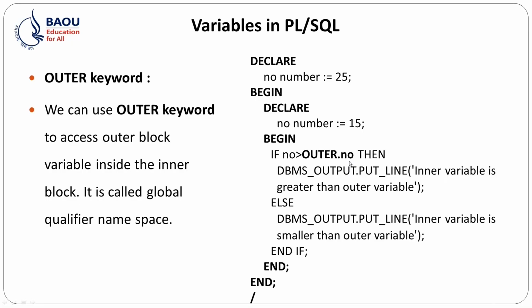Here outer dot number: this number is used as the outer variable, meaning the global variable. So this number is used within this block and this number is used within the whole code block. This is the local variable, this is the global variable. This variable is the inner or local variable and this one is the outer or global variable. How can we use the same variable name? The outer variable is used as outer dot number.